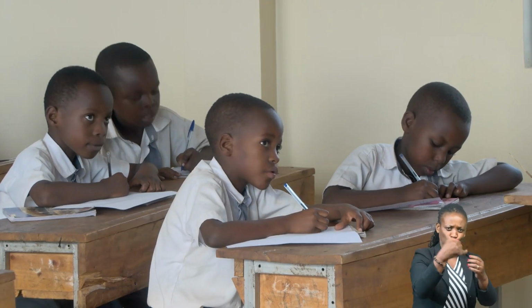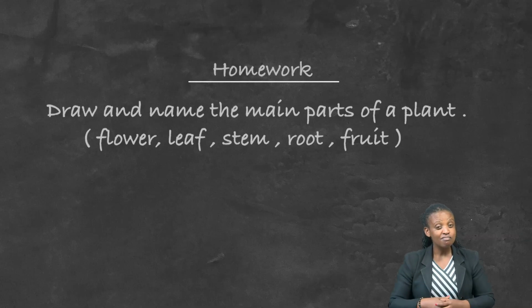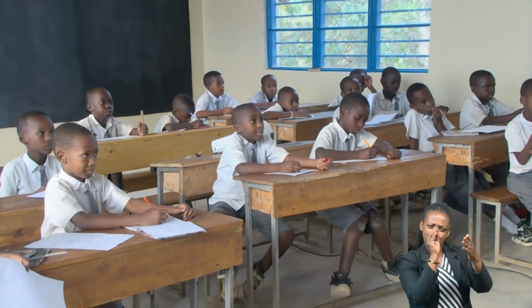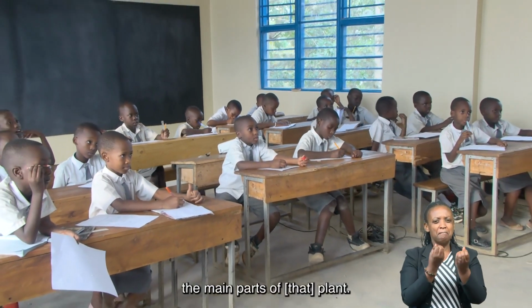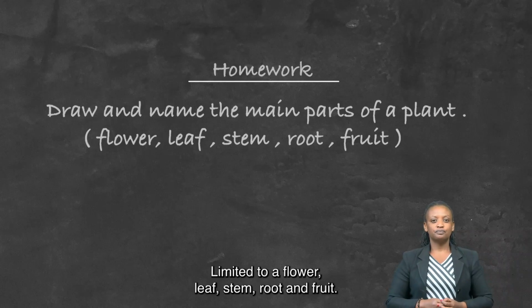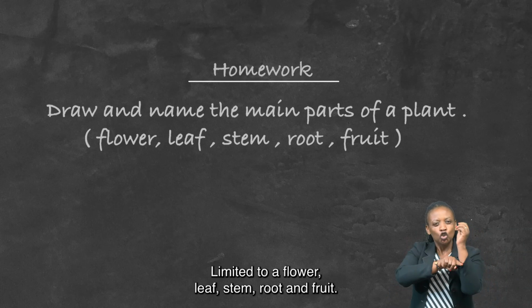Do you know how to draw? Yes. You draw your own plant and name the main parts of a plant, limited to a flower, leaf, stem, root, and fruit.